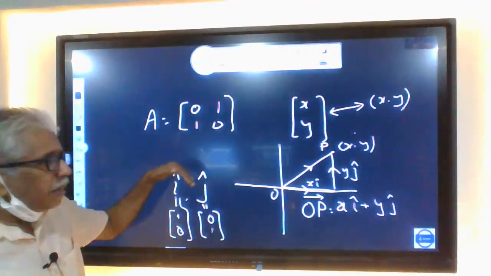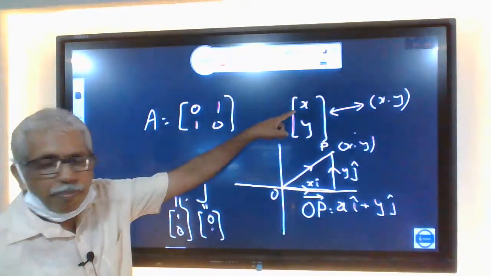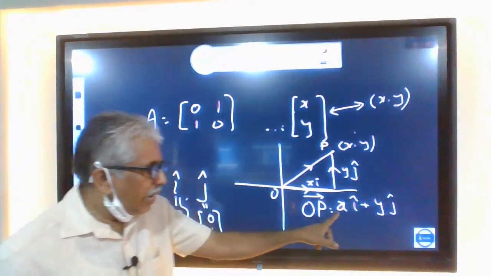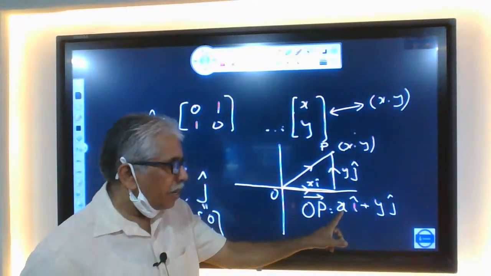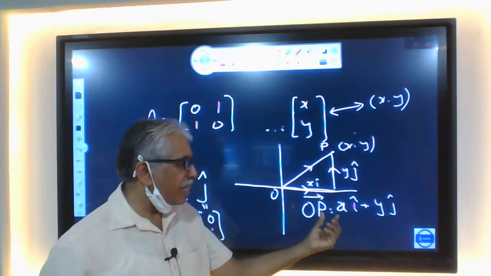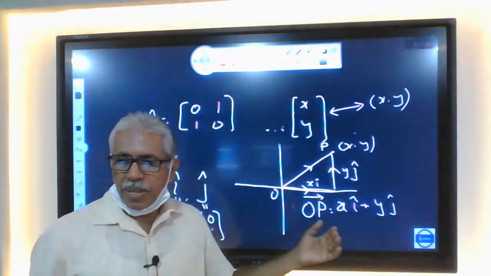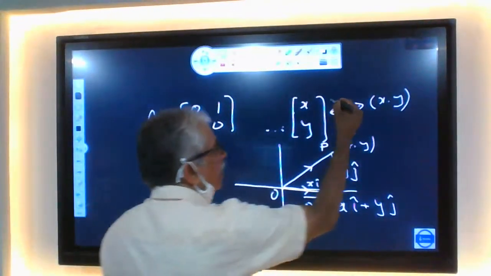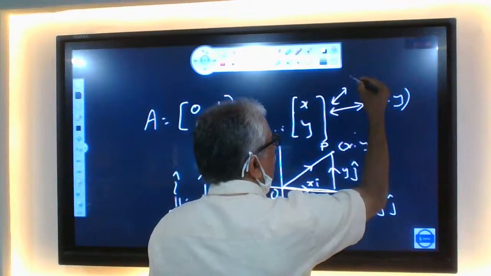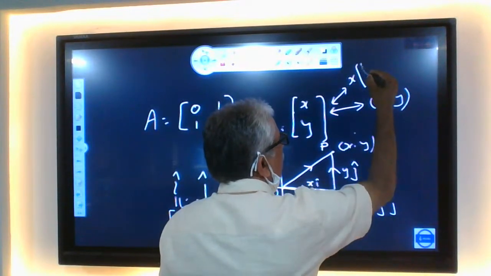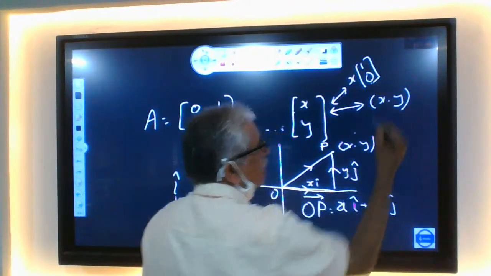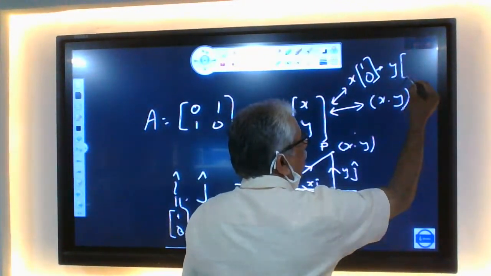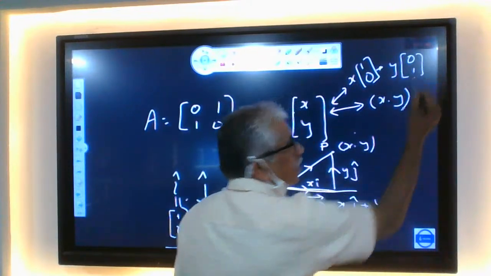So any point xy, when expressed as a column matrix, in the language of vectors is xi plus yj. In the language of column matrices, the same point xy can be written as x times the column matrix representing i plus y times the column matrix representing j.